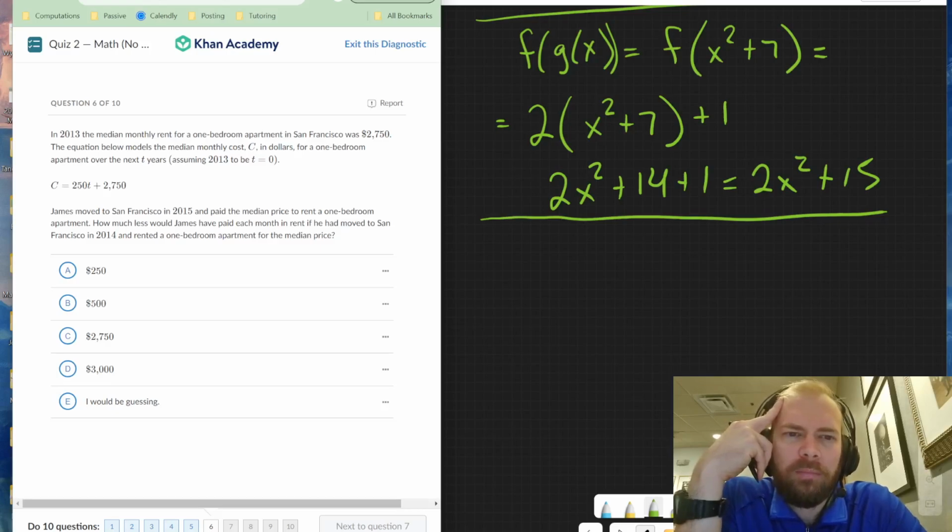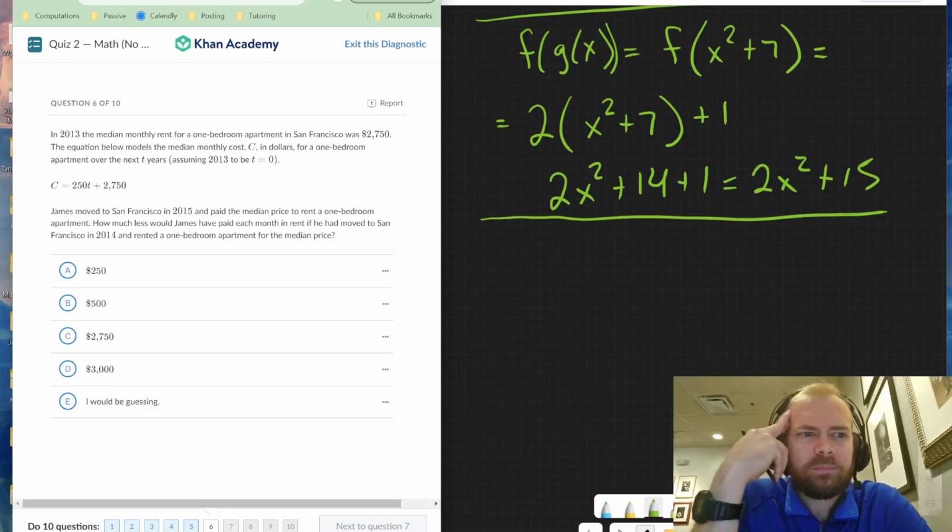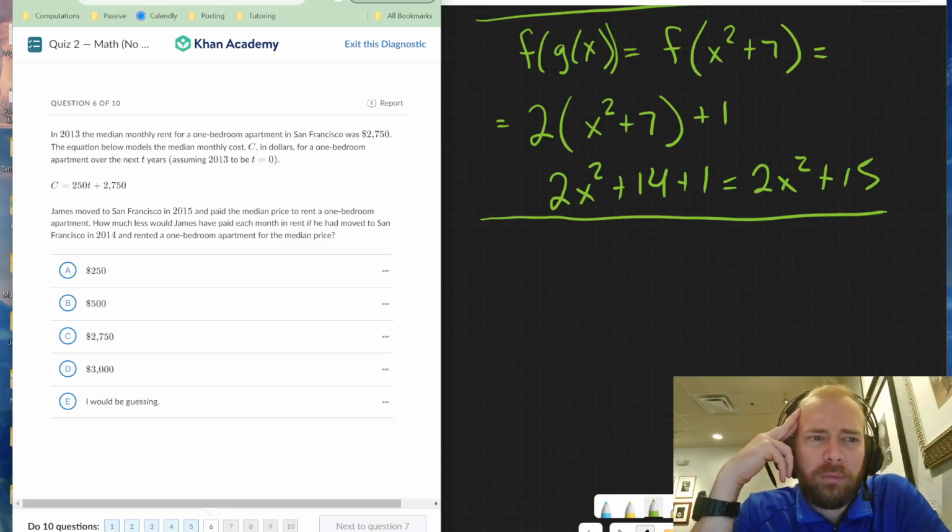They would have added more context if there was some sort of trick like that in it. So it looks like it's fairly straightforward here. We're comparing 2015 to 2014. So the simple thing to do would be to plug in the right t values. You could even plug in 2015 and 2014 if you really wanted to. Technically it wouldn't be 2014 and 2015 that you would plug in for t, but you could still do that and it would still give you the correct answer.